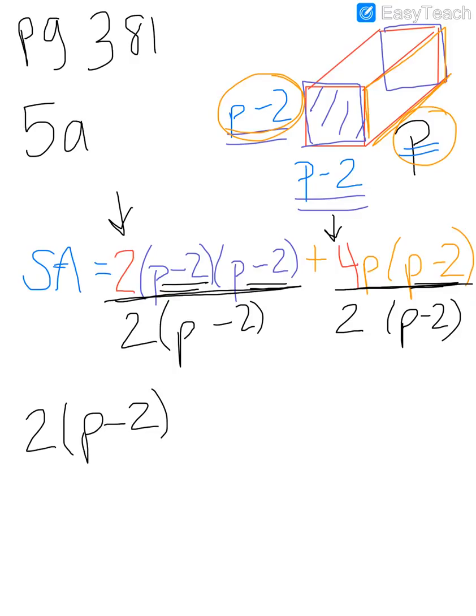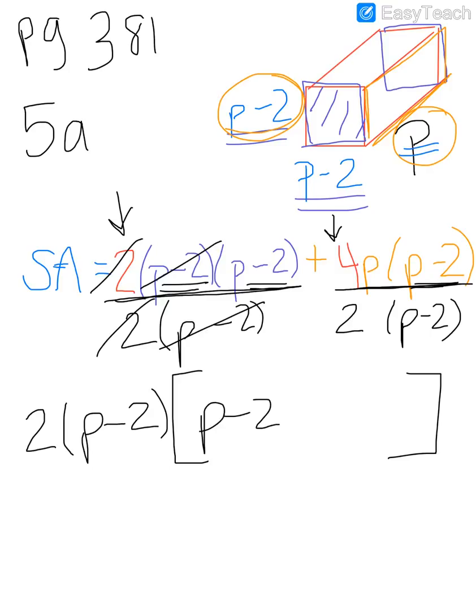Whatever you factor out is called your GCF, and your GCF goes in front of your bracket, your answer goes in the bracket. So 2 and 2 cancel, p minus 2 divided by p minus 2 cancels, and what I'm left with on the left-hand side is p minus 2. And then I have plus. 4 divided by 2 is 2p. And I'm hoping you see over here, p minus 2 and p minus 2 cancel. So now I have 2p.